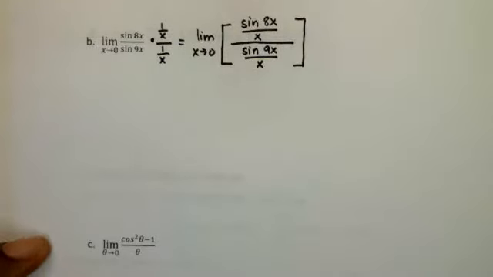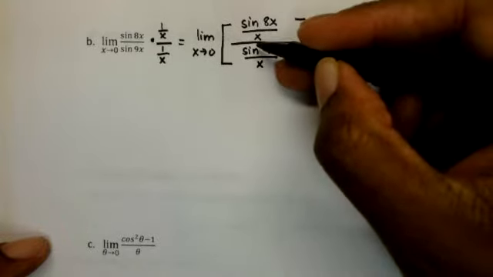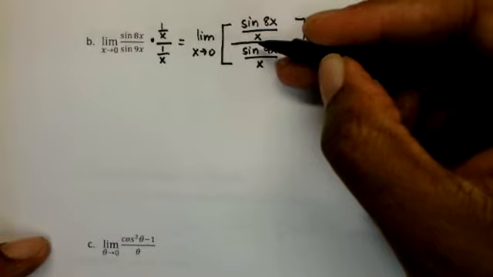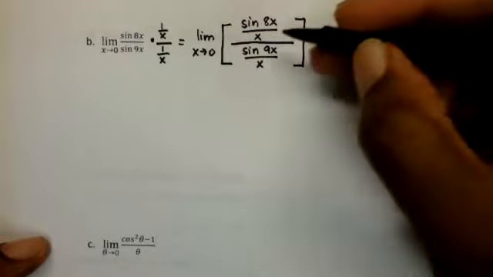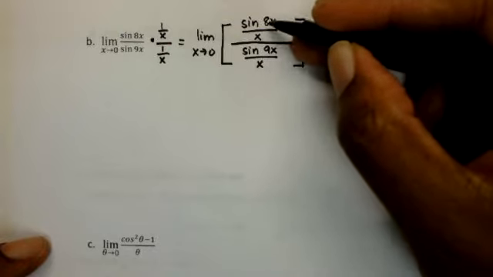Now, notice I've got 8x in the numerator. In the denominator, I need to have 8x, so that way I can take the limit as x approaches 0 of sine of whatever x is over whatever x is. These two have to be the same. I do have the x, but I'm missing the 8.